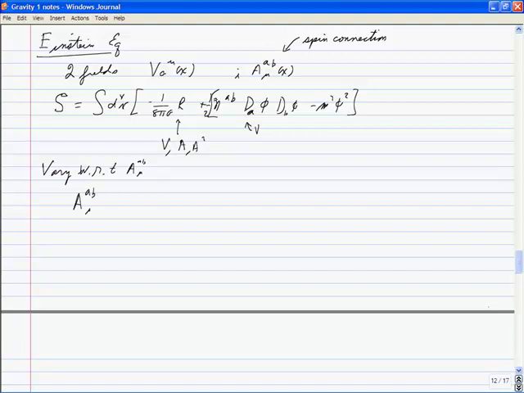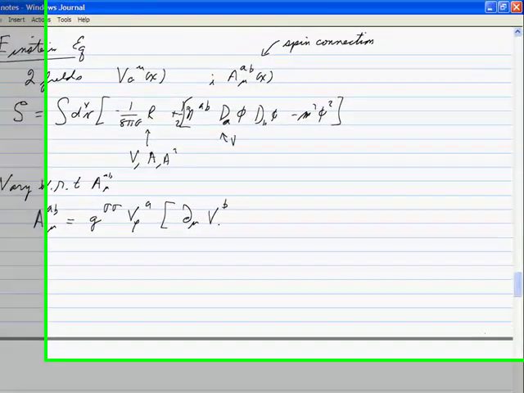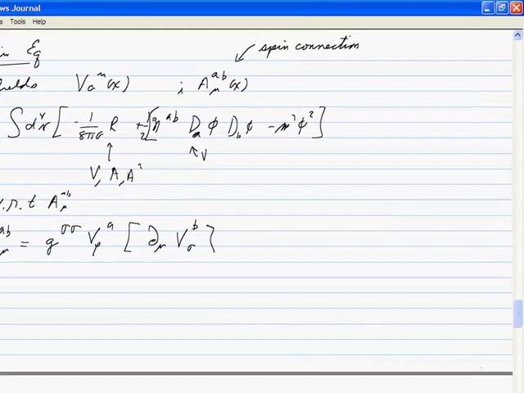A^{ab}_μ is g, and I have ε^{ρσ}, V_ρ^a, the derivative with respect to μ of V^b_σ.